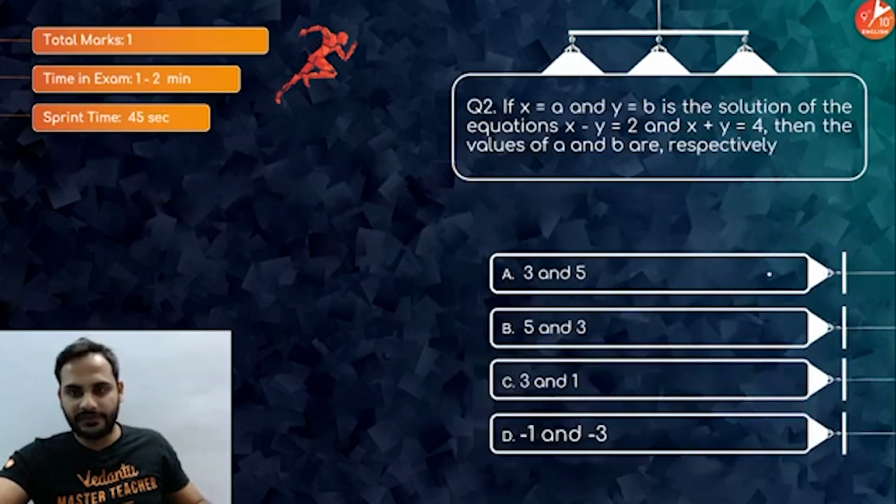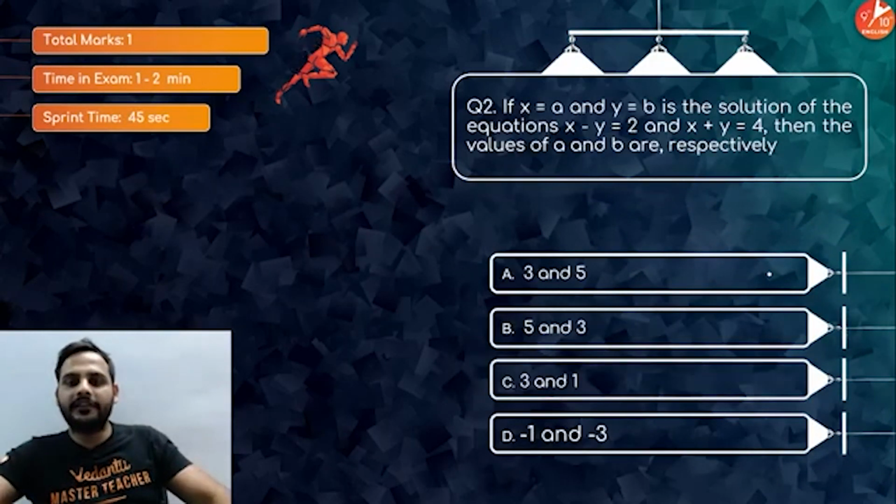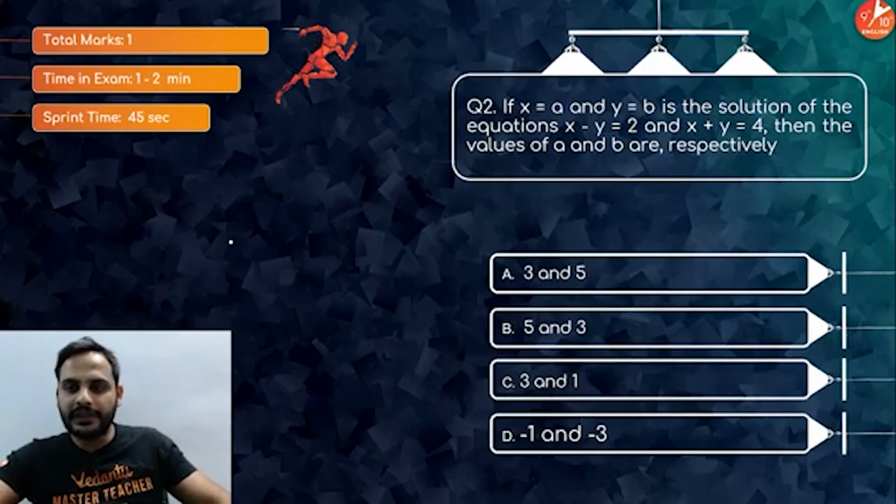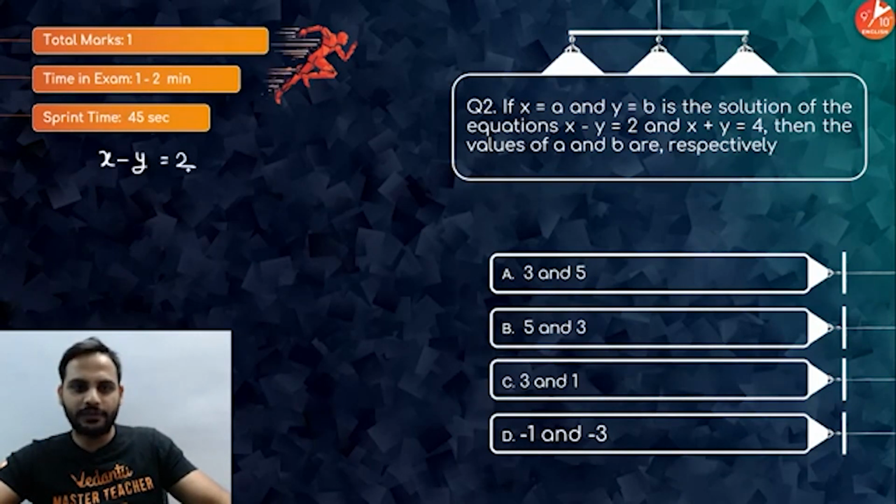Okay, next question. Exact if x equal to a and y equal to b is the solution of the equation x minus y equal to 2 and x plus y equal to 4, then the values of a and b. So in a way they are asking us the value of the solution. So I can do one thing. Let's see, x minus y is equal to 2 and x plus y is equal to 4.